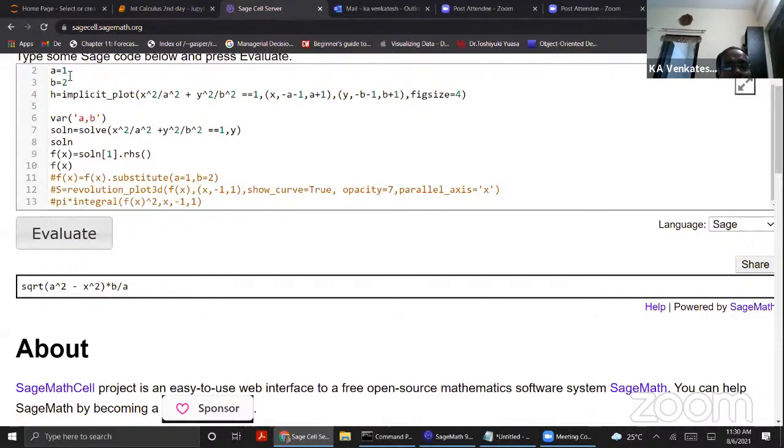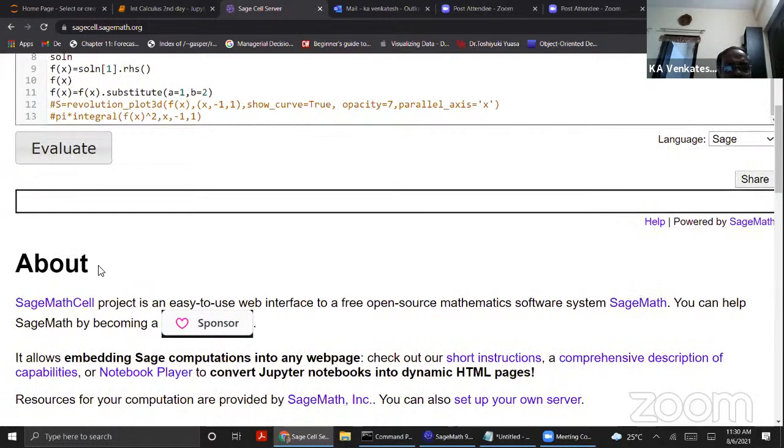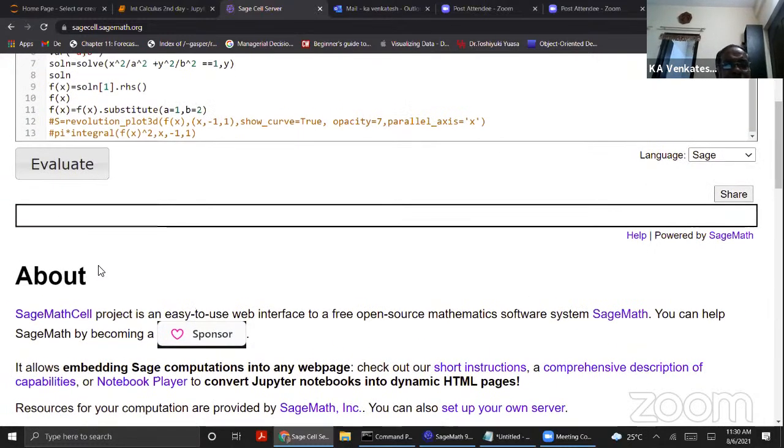Now we have this. So we want the values in terms of a and b. So we have to substitute this value in f of x. That is going to become f of x when a equal to 1 and b equal to 2, what happens? So we are computing it. Okay, I did f of x, and f of x equal to substitute.